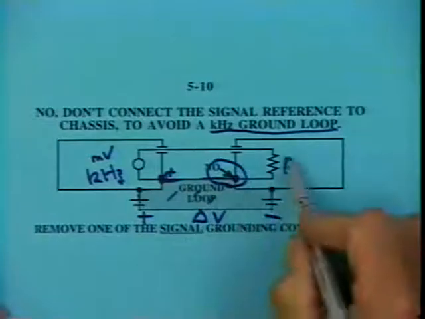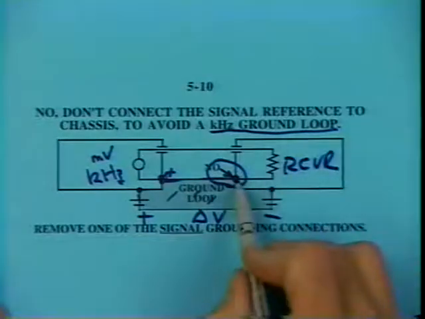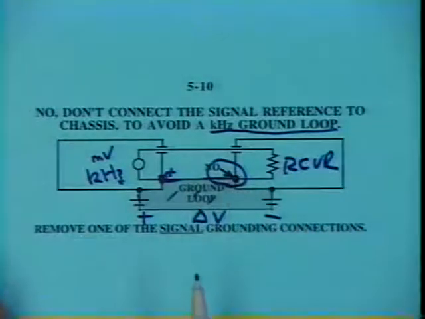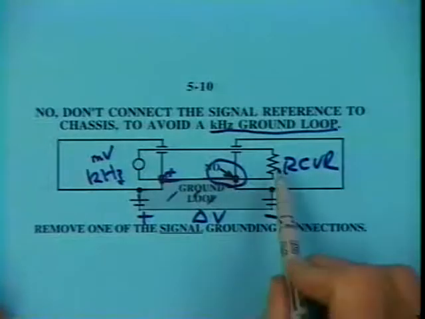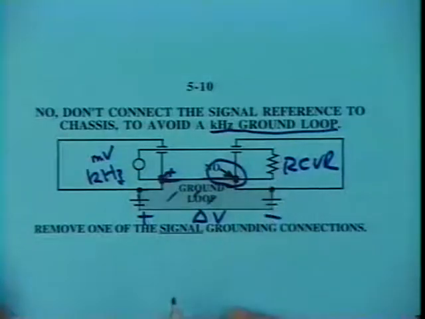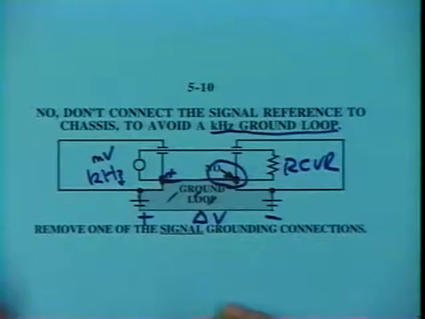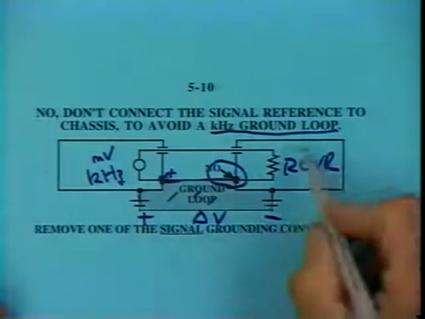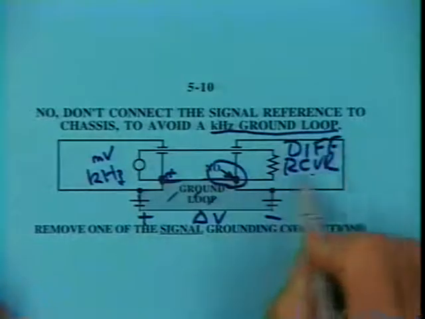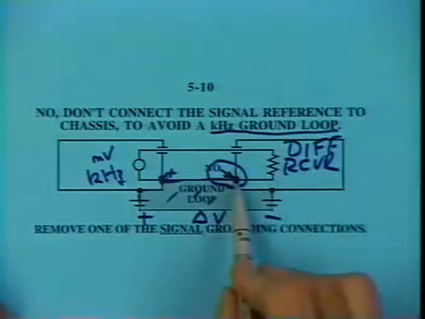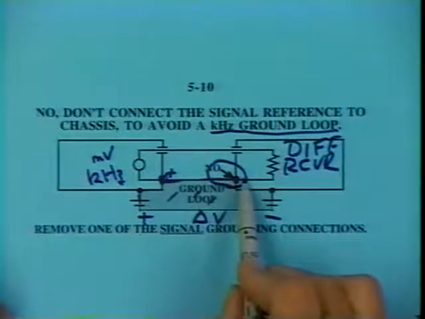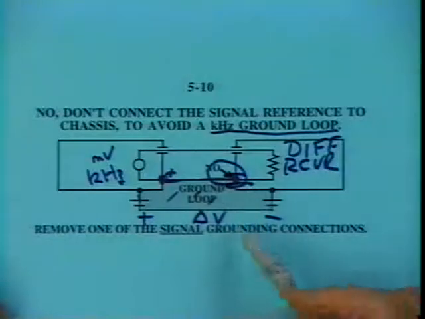I show the one again on the receiver end being removed, because usually that's the easier one to remove. We take what was mistakenly built or designed as a grounded input single-ended receiver, convert this over to a differential input receiver, and then keep this wire isolated from the box except maybe through a capacitor.